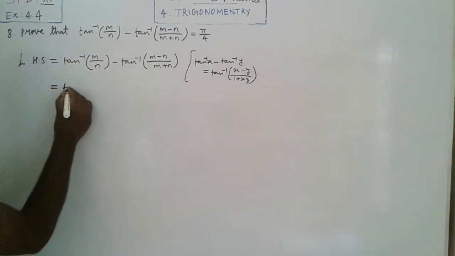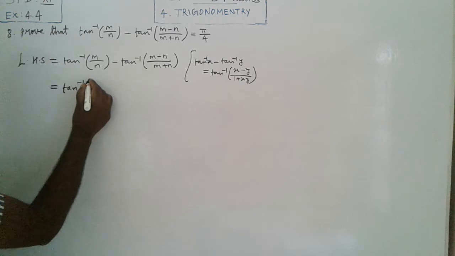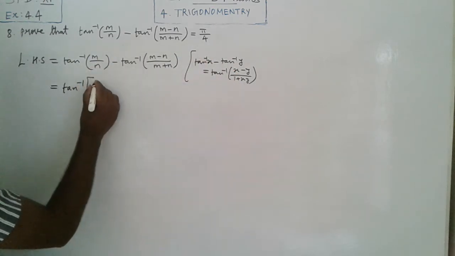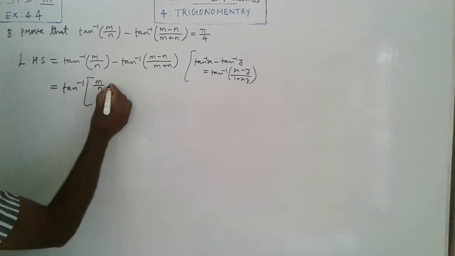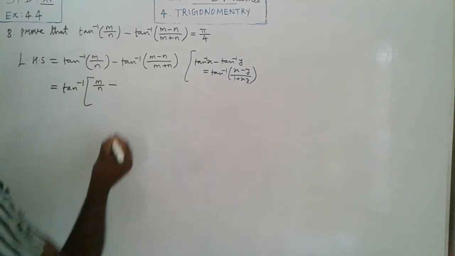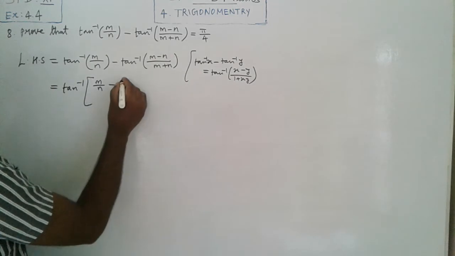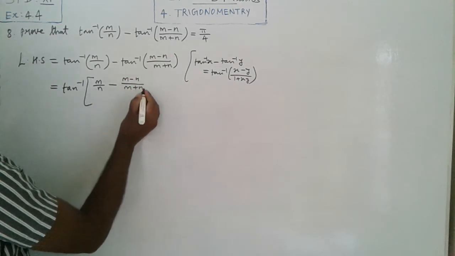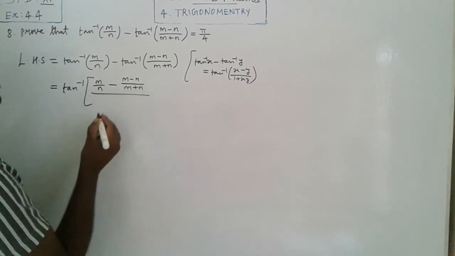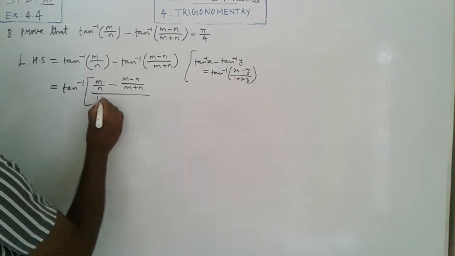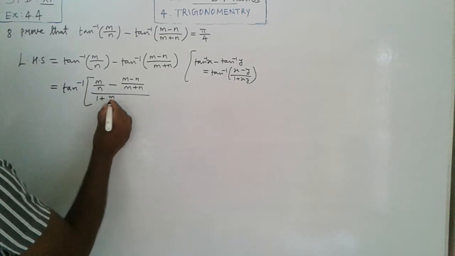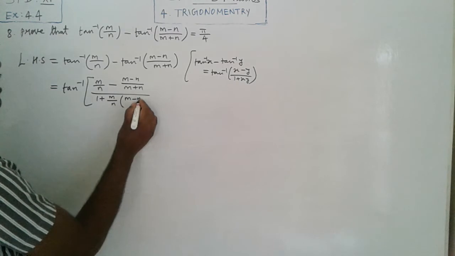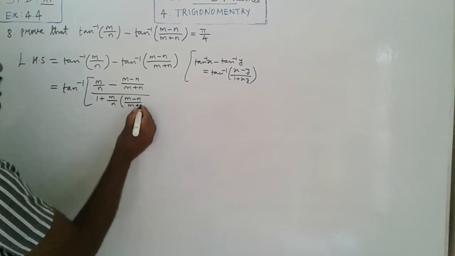So tan inverse of (x is m by n, minus y is (m minus n) divided by (m plus n)), whole divided by 1 plus x is m by n into y is (m minus n) divided by (m plus n).